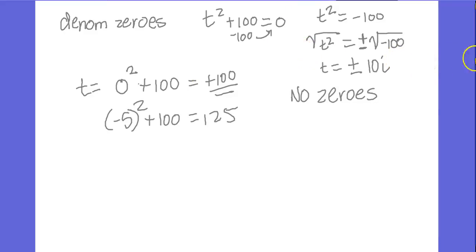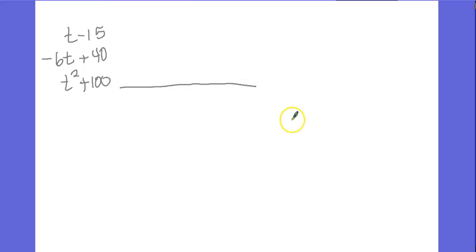Okay? Now I'm going to my sign chart. Here we go. So I'm going to take my two numerators, t minus 15 and negative 6t plus 40, and my denominator, because I'm still dividing by this positive number on the bottom, whatever it is. I'm still dividing by it, so I need it. Or maybe I don't.